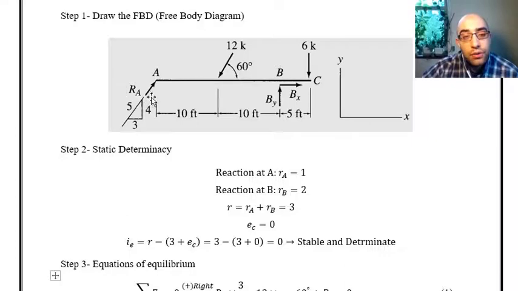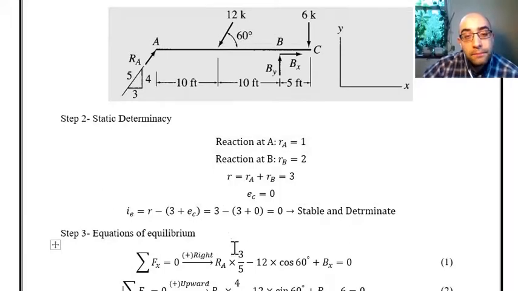This reaction at point A is inclined, which means that it has both X component and Y component. This 12 kip force has an angle to the horizontal axis, so it also has X component and Y component. And I also have Bx, the X component or horizontal component of the reactions that I have at point B. So let's put these in this equation.